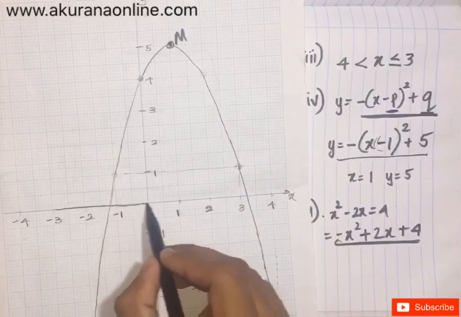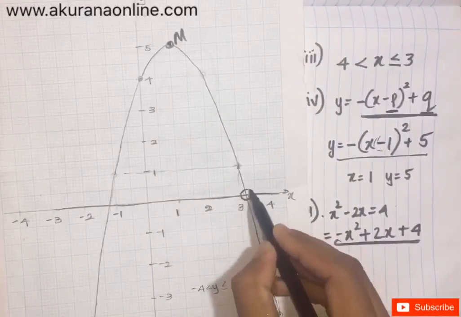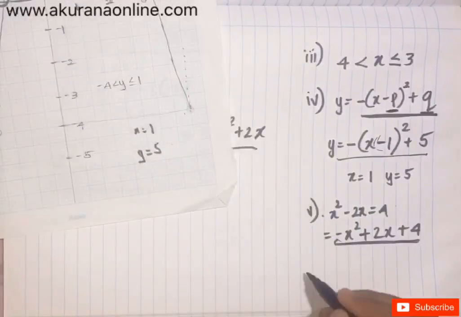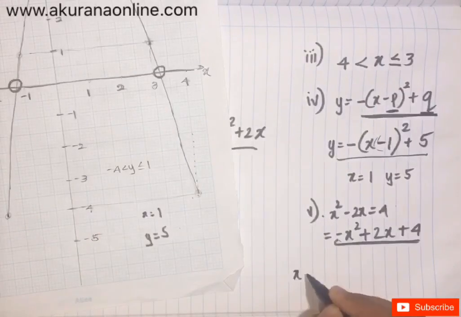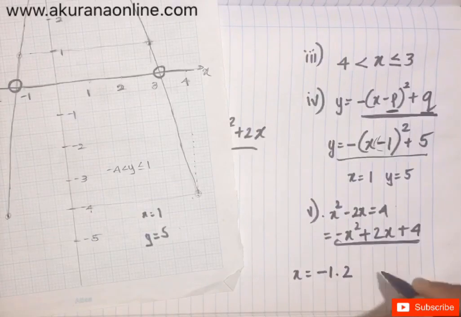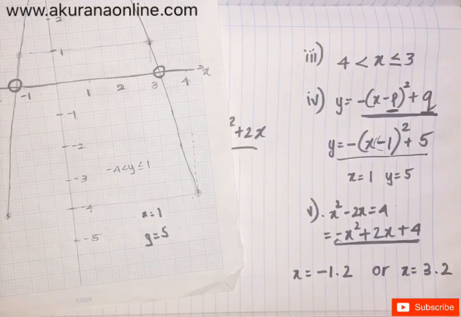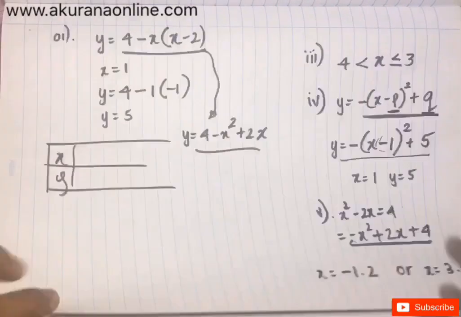That means this line. You have to consider the values of x at this point and this point. Therefore you have two values: x can be equal to minus 1.2 or x can be equal to plus 3.2. Okay, so let us move on to the second question.